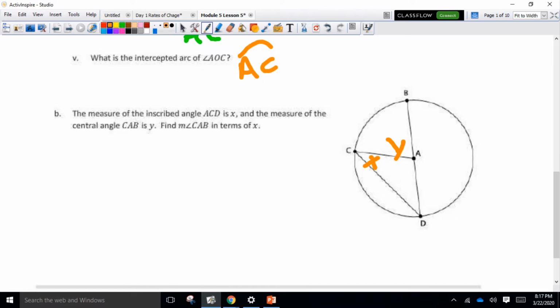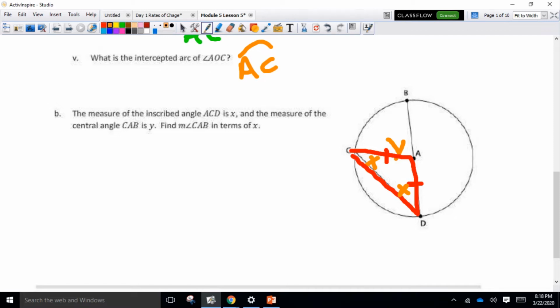Okay, so if we look here at this triangle CAD, this is a radius, this is a radius, that makes that an isosceles triangle. If that's isosceles, that means that that guy right there has to be X also, okay?